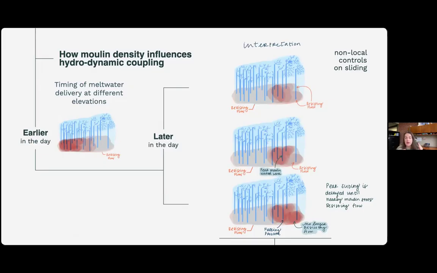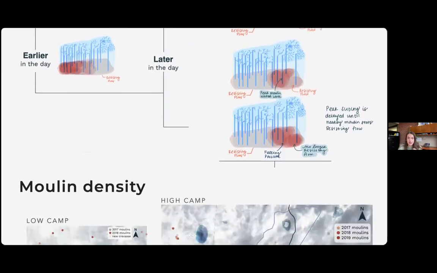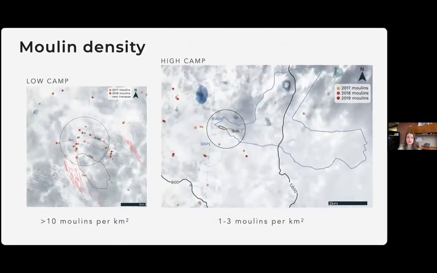So here it could be a balance between the timing of our peak moulin pressurization across our larger area where there are fewer moulins and they are larger, so there are larger delays.